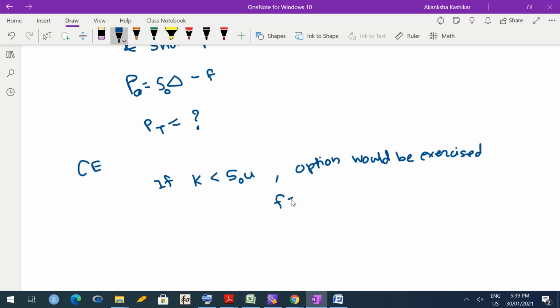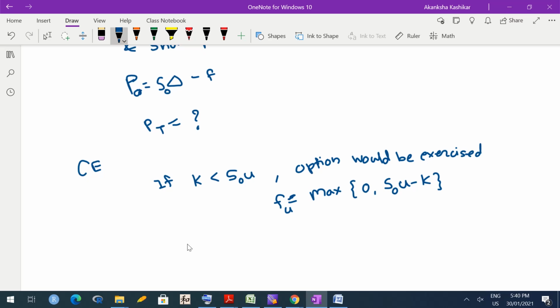So my payoff from the call option becomes maximum of 0, S0U minus K. Whoever has the call option can get a profit of S0U minus K if it is positive.